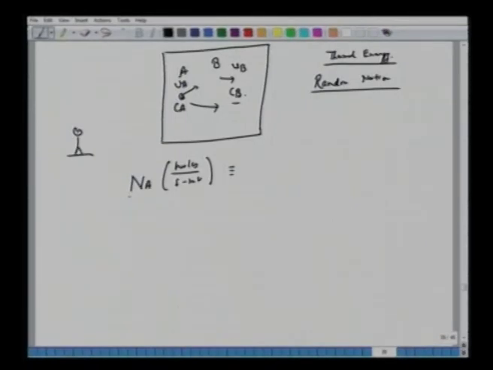Most fundamental would be NA, moles per second per meter square, equal to VA CA. This is the velocity, in meter per second, and this is the concentration, in moles per cubic meter. So at any plane, if I draw here, what is the flux? I can measure it as VA CA, for a stationary observer.